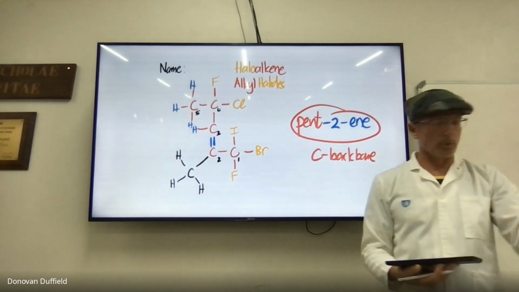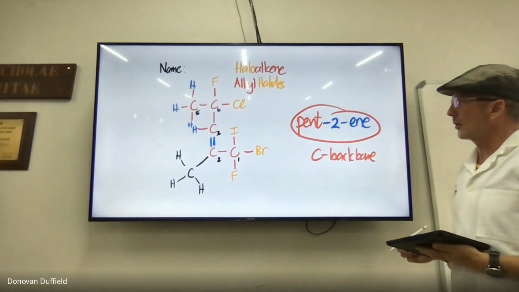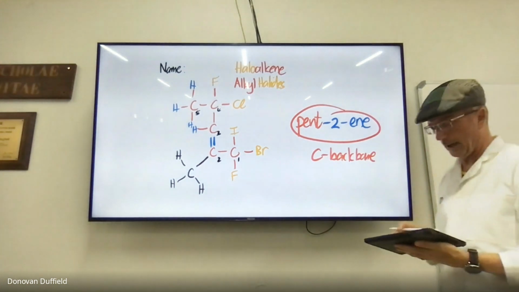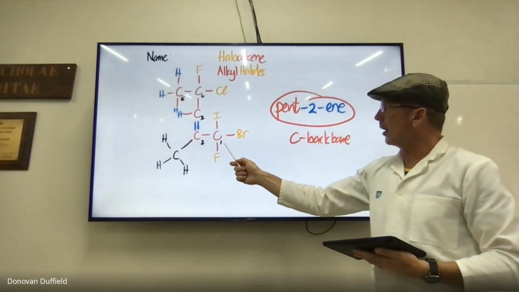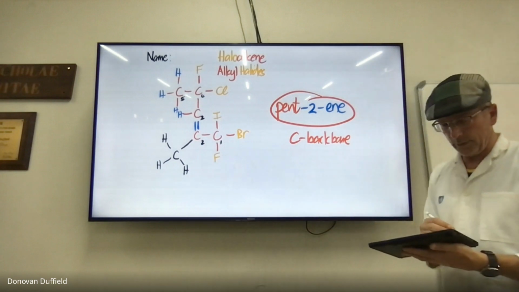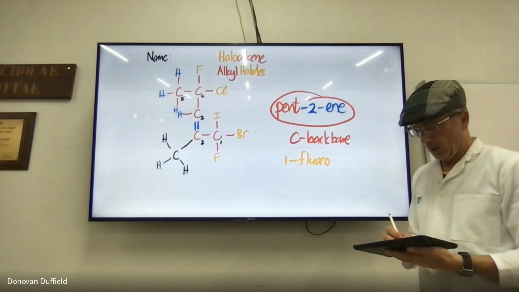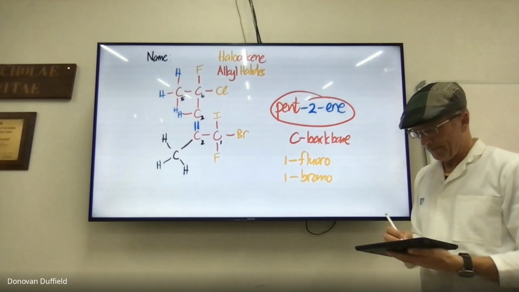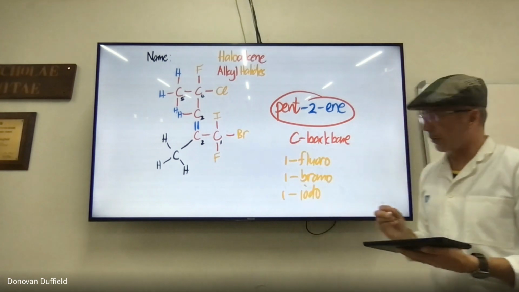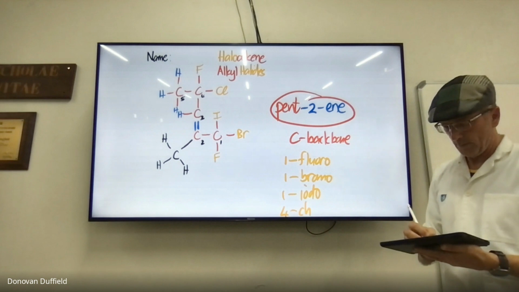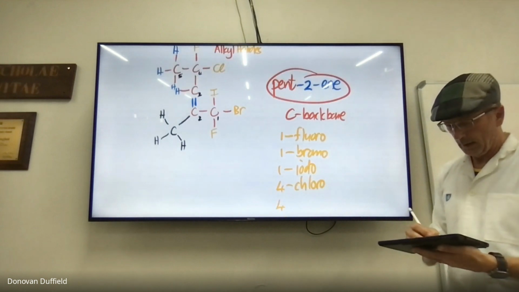Okay? Cool. Now, if we go and look and say, okay, what else do we have here? Well, now we see, wait a minute, if I start here, I have got 1 fluoro, 1 bromo, 1 iodo, 4 chloro, and I've got 4 fluoro.